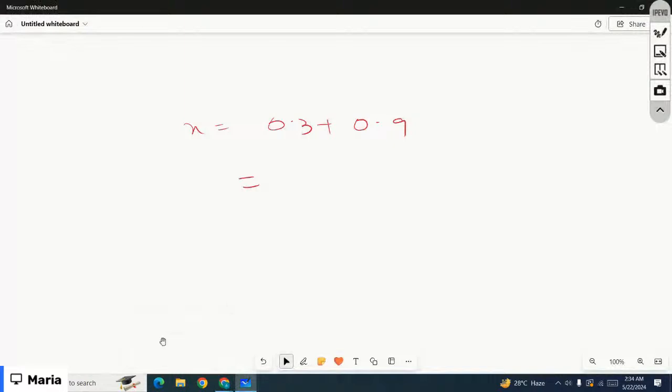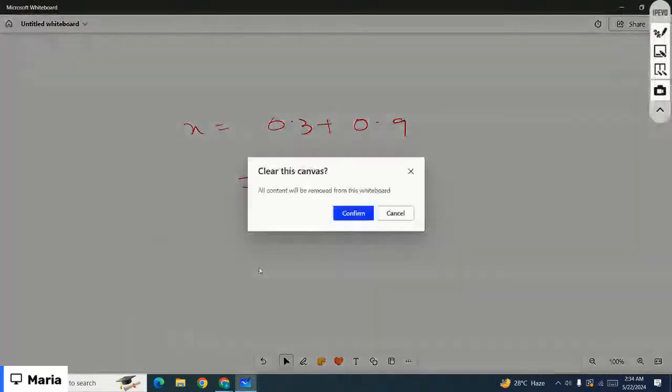Okay, the next one is, yes, that's x. It doesn't matter whatever the variable name is, right? You just have to evaluate. The next one is v equals 1.9 plus 0.3. So which is the correct option?